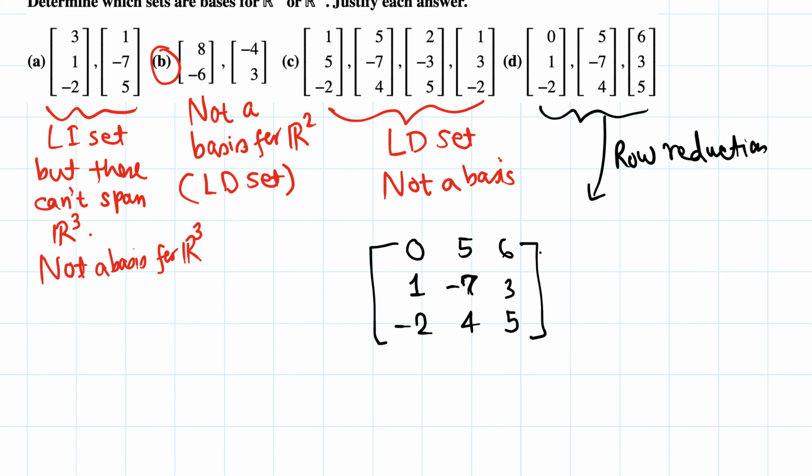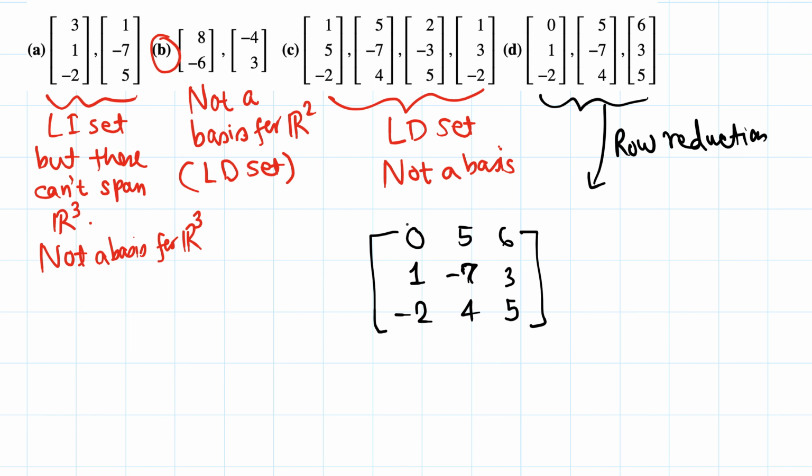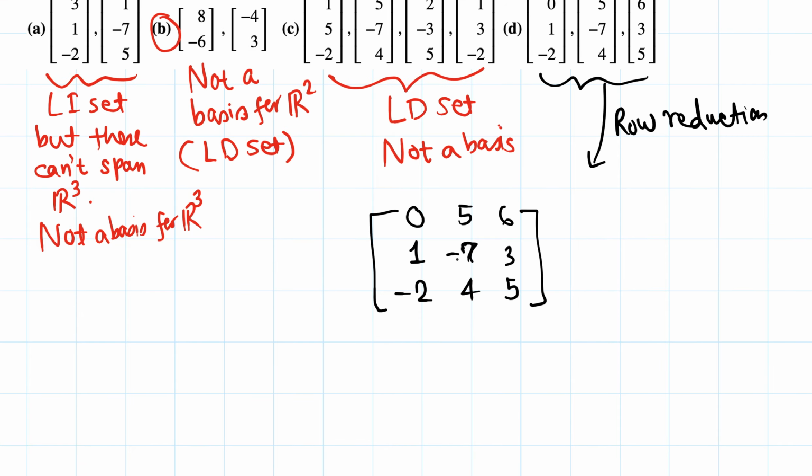If we get 3 pivot columns, then the vectors are linearly independent. If we get 3 pivot rows, that means they span R3. We need both to be a basis.